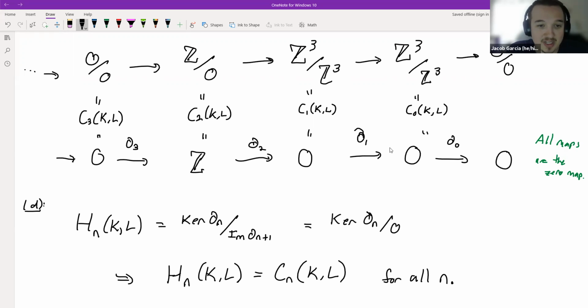There's only one interesting case, which is D2, but since I'm not modding out by anything, I'll just get that.